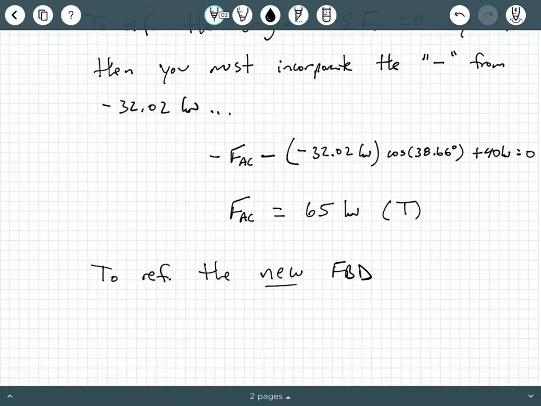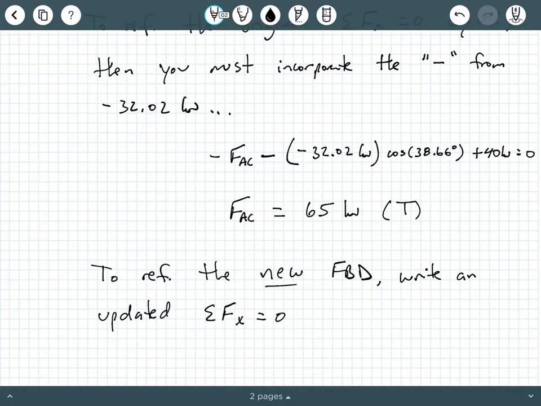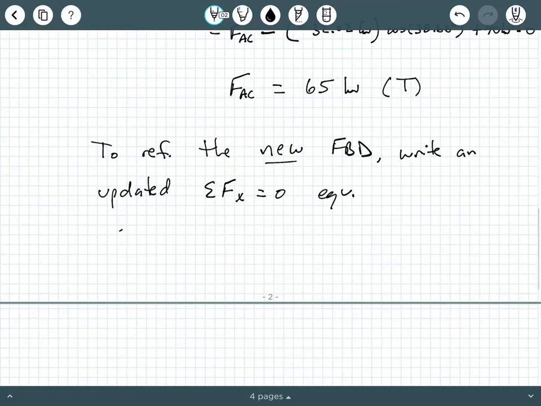So to reference the new free body diagram, you need to write an updated sum of the forces in the x direction equals 0 equation. Let's do it for exercise purposes. So we're going to say sum of the forces in the x direction equals 0.